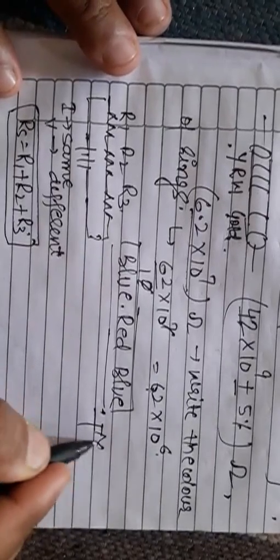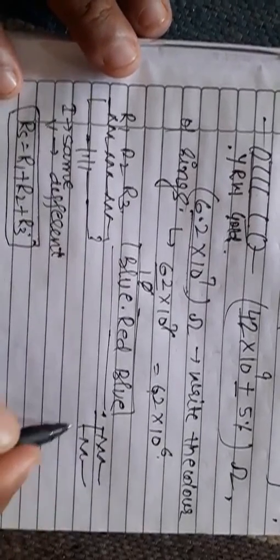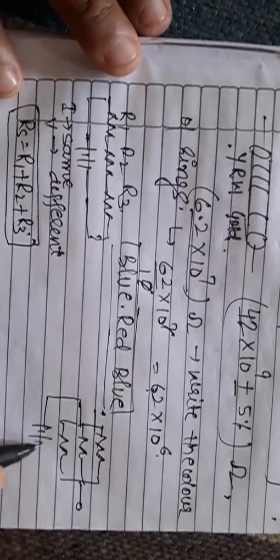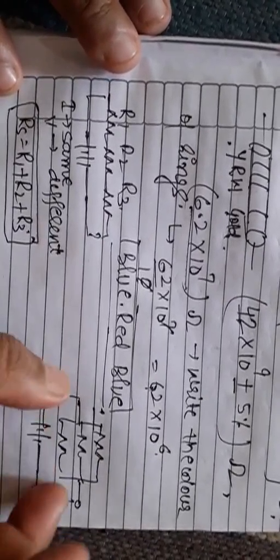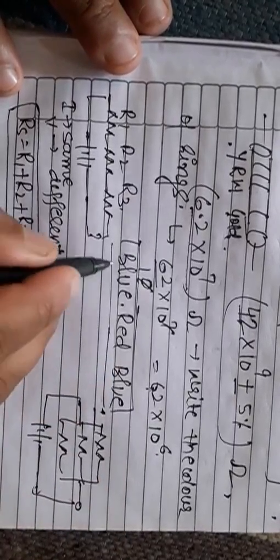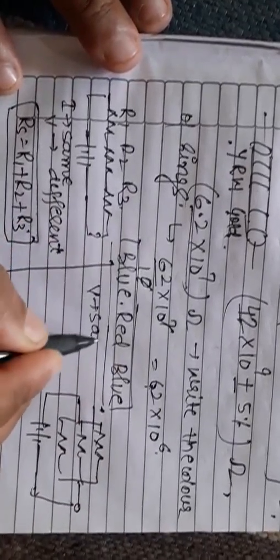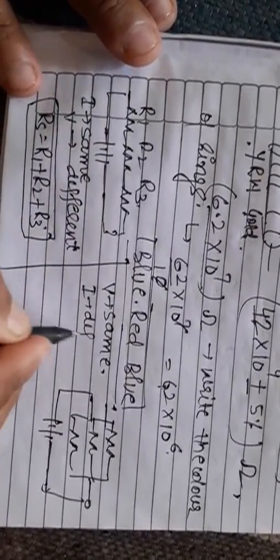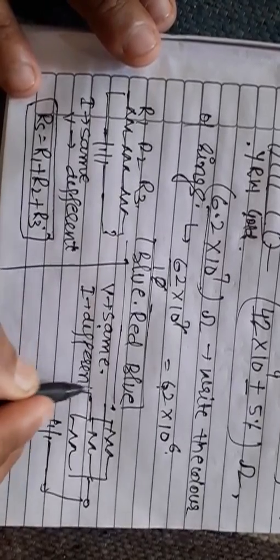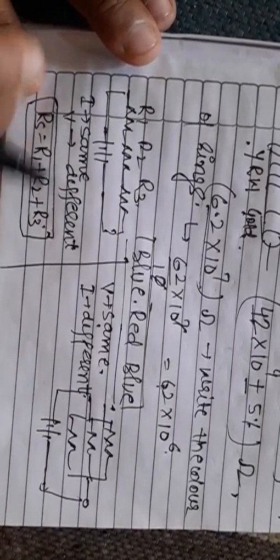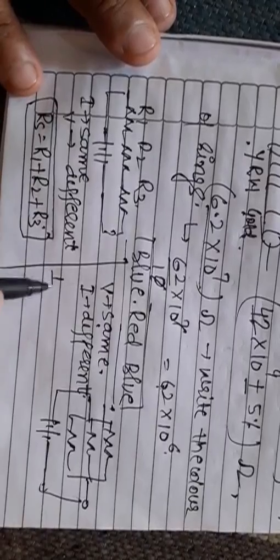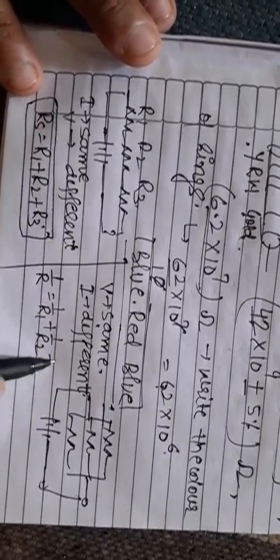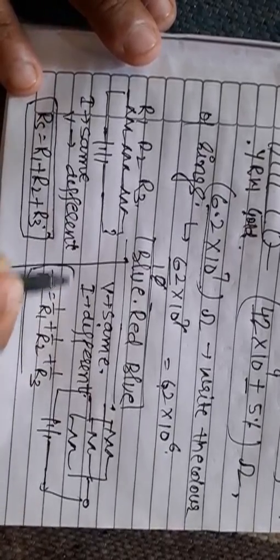But if resistances are connected in parallel, the potential is the same. What will be different? The current will be different. In that case, the total resistance is 1 by R1 plus 1 by R2 plus 1 by R3.